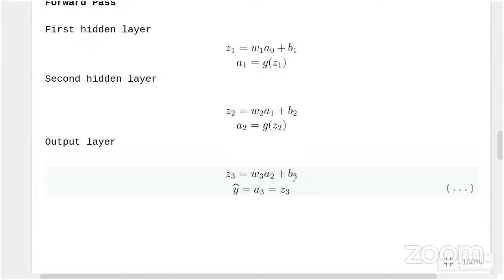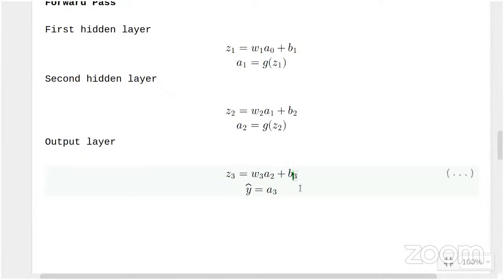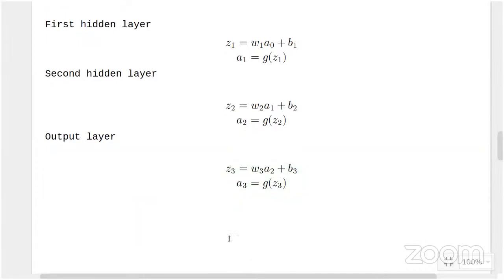Let's separate this out. Y hat equals A3 is something we say is the output of the network. So the network output is this Y hat equals A3.